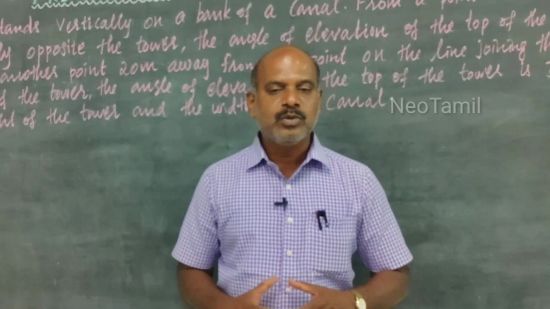Okay, now we are going to start the problem. In this trigonometry chapter I am going to take a problem. A TV tower stands vertically on the bank of a canal. From a point on the other bank directly opposite to the tower, the angle of elevation of the top of the tower is 60 degree.